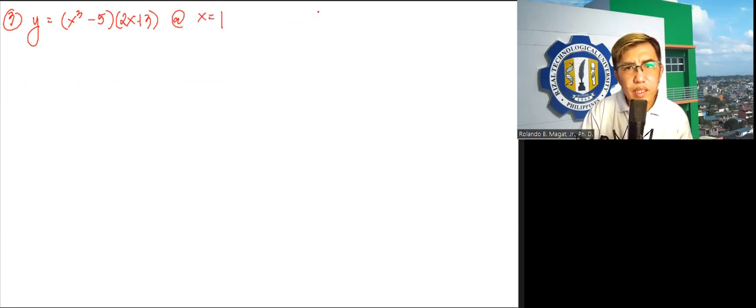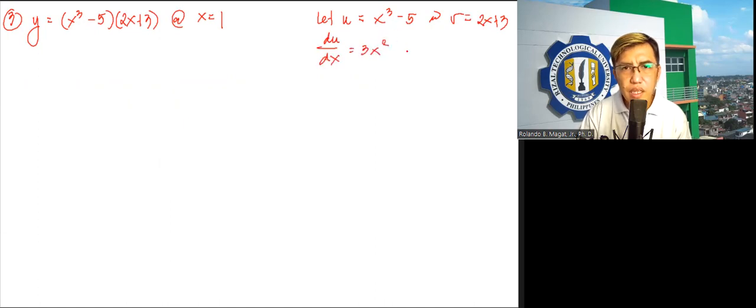So again, let u be equal to x cubed minus 5 and v be equal to 2x plus 3. Ang du over dx is 3x squared. Okay? And ang ating dv over dx is 2.